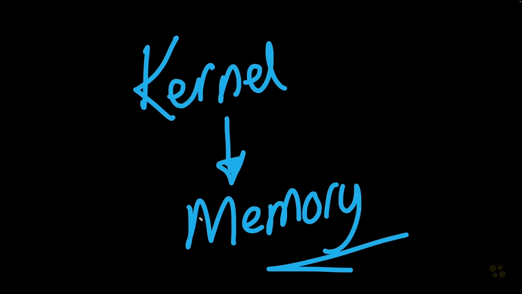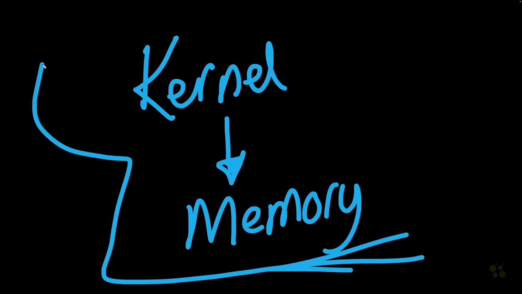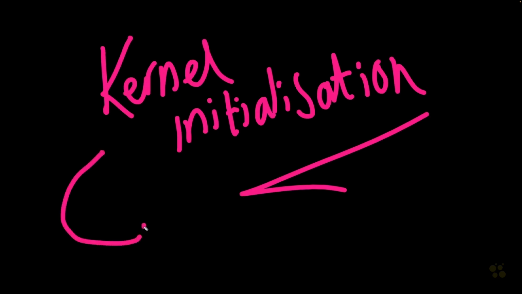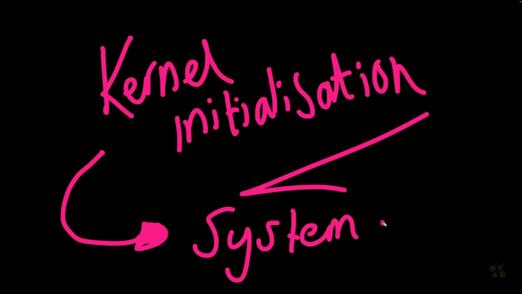Now, once the kernel has successfully loaded into memory, we're then going to transition to the next phase. This is called the kernel initialization phase. So once the kernel has been loaded into memory, it's going to load, at least in modern systems, systemd. Now, systemd has a massive responsibility in modern Linux systems. It's going to mount the file systems.